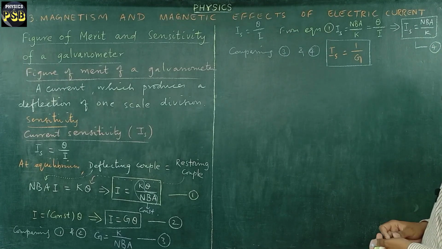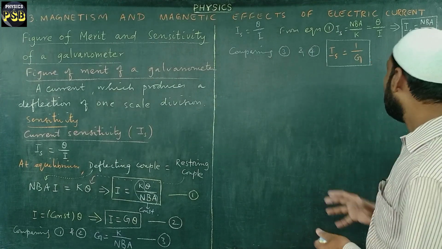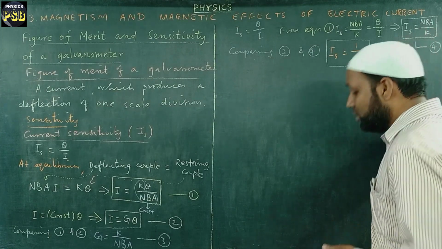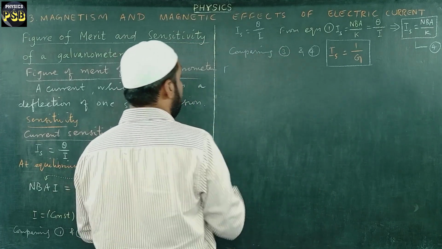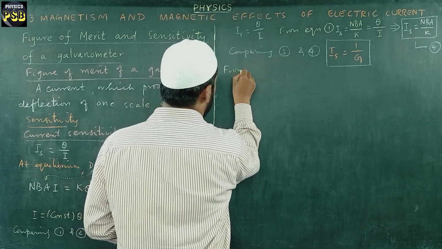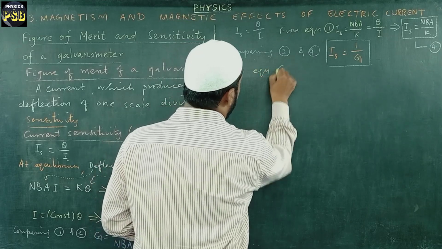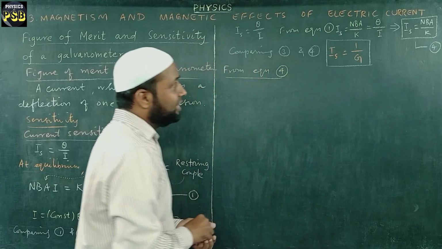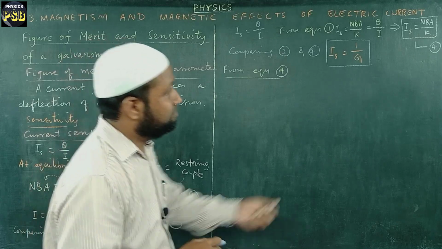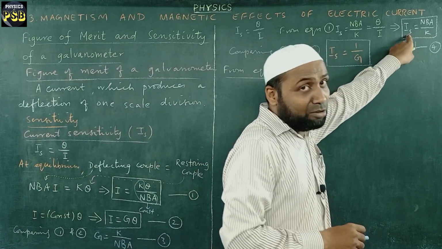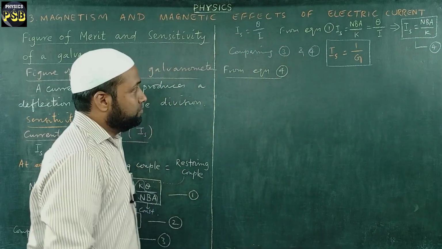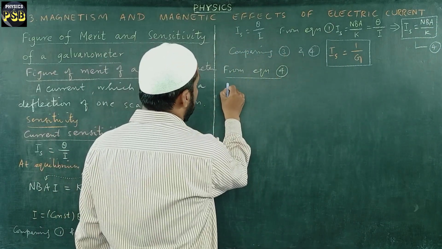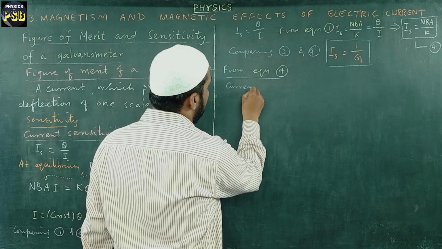Now, what do we understand from equation number 4? From equation 4, it is clear that the current sensitivity of the galvanometer depends on these 4 parameters.